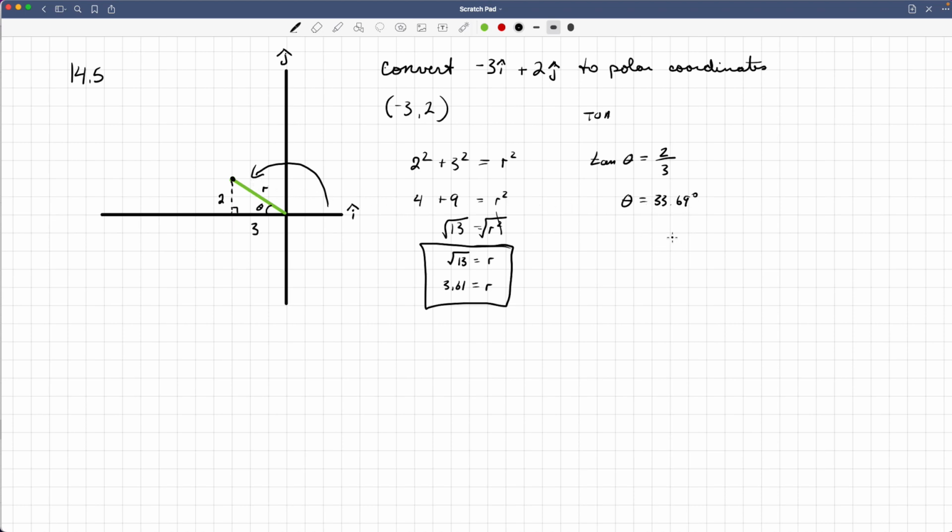So we would write the slash 33.69 degrees. And then this length is, however, this length is negative, I think. Let me see.